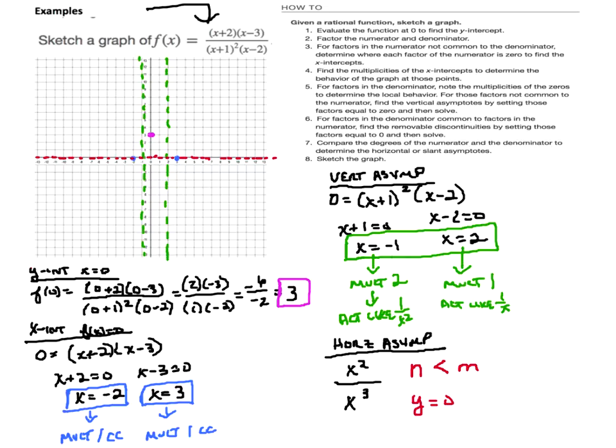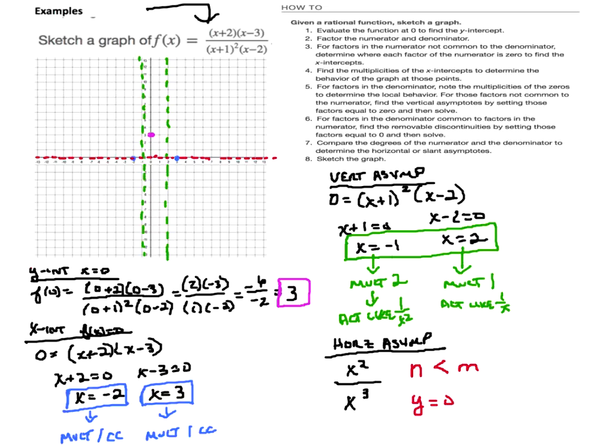In other words, I'm going to have both of my tail ends either going up or down, but because I need to go completely through the x-intercept of negative 2, let's actually start with the y-intercept.